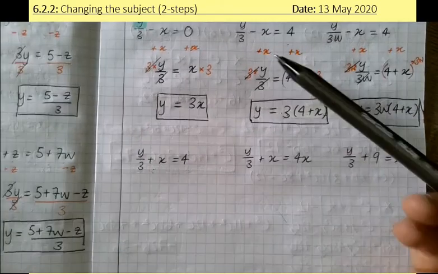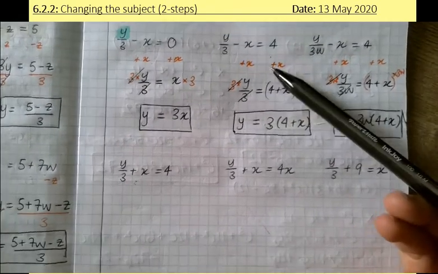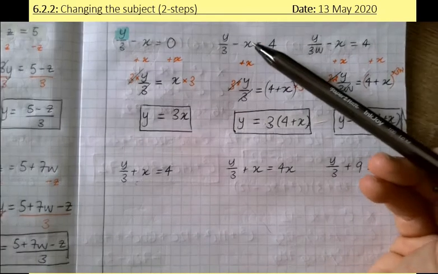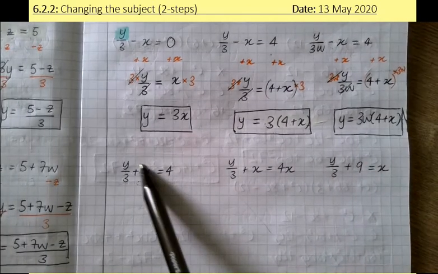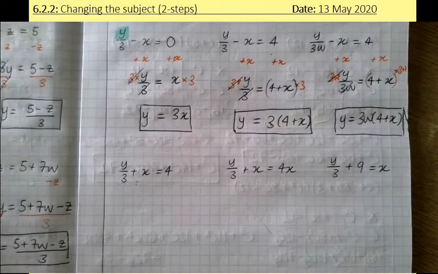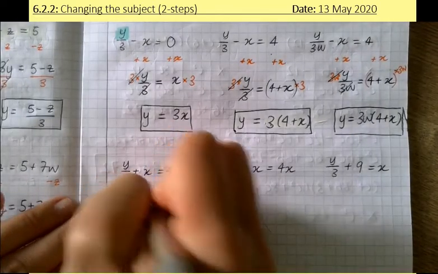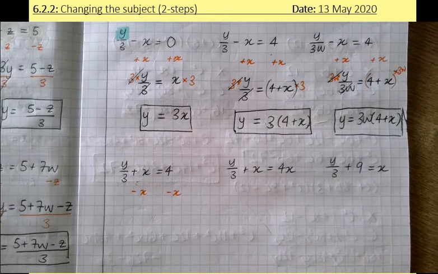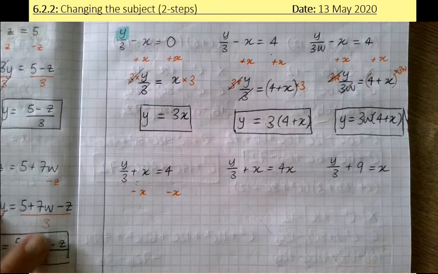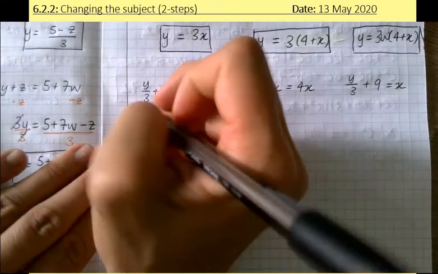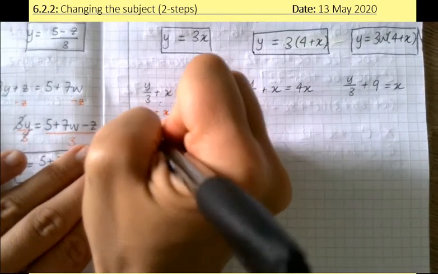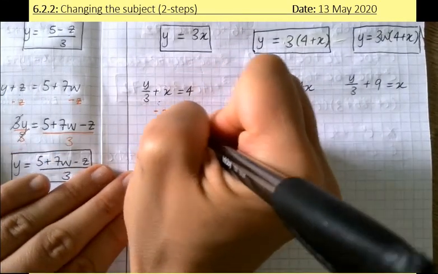So in this one we added x to both sides first because that helped us to eliminate the take away x. But this time we're trying to eliminate plus x or add x. So we're actually going to subtract x from both sides, because to eliminate plus x we must subtract x from both sides. So when we do that, we get y over 3 equals 4 take away x.